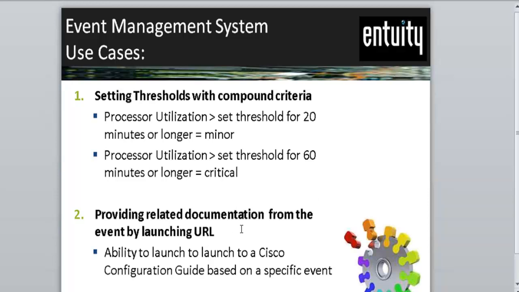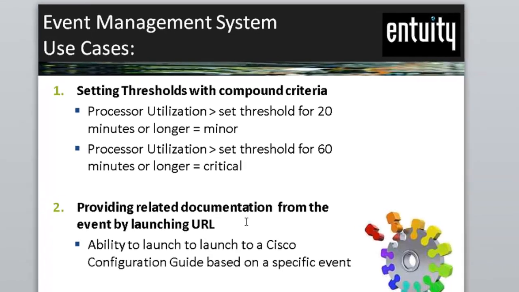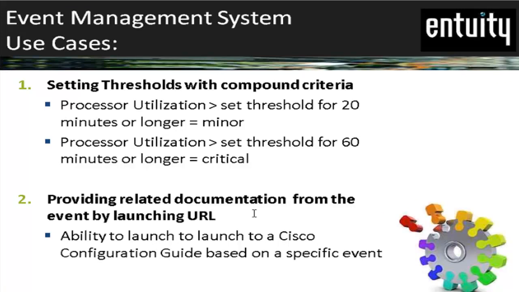The second one again came from one of your customers who wanted to use the event stream to start launching into an internal help desk system, and it could also be used to launch a third external URL as well. The example I'm going to go through today is to take the quas Q drop bitrate high event, one of our quas events, and enrich that incident to include a hyperlink URL attribute.